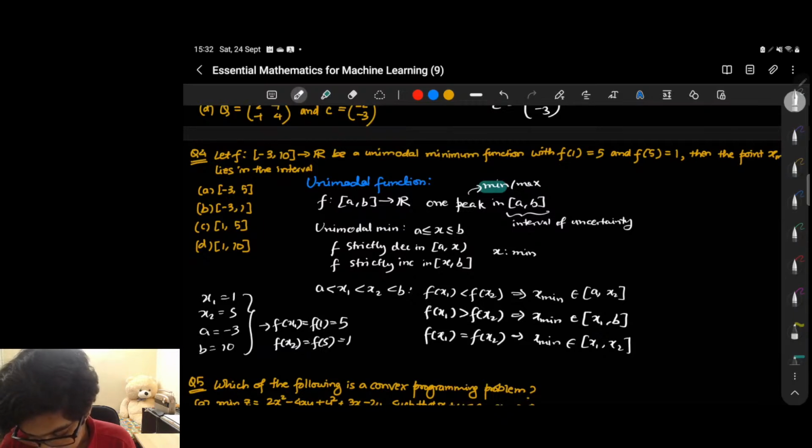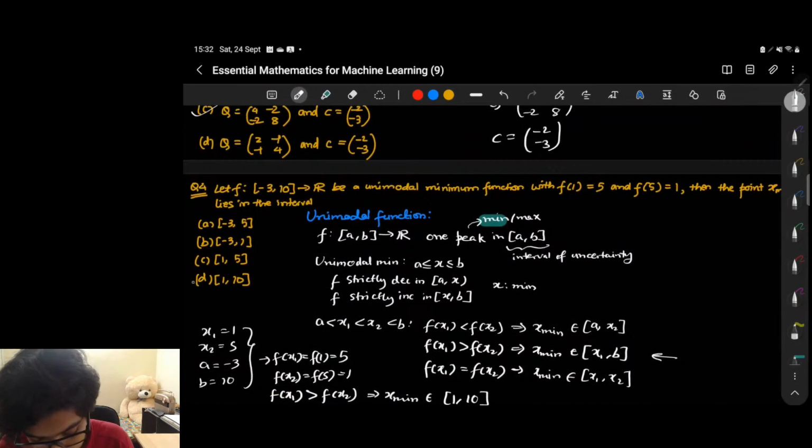So we get f(x1) is greater than f(x2), which implies x min belongs to (x1, b), that is (1, 10). So in this interval. The correct option is option D, the interval in which the minimum of the function lies.